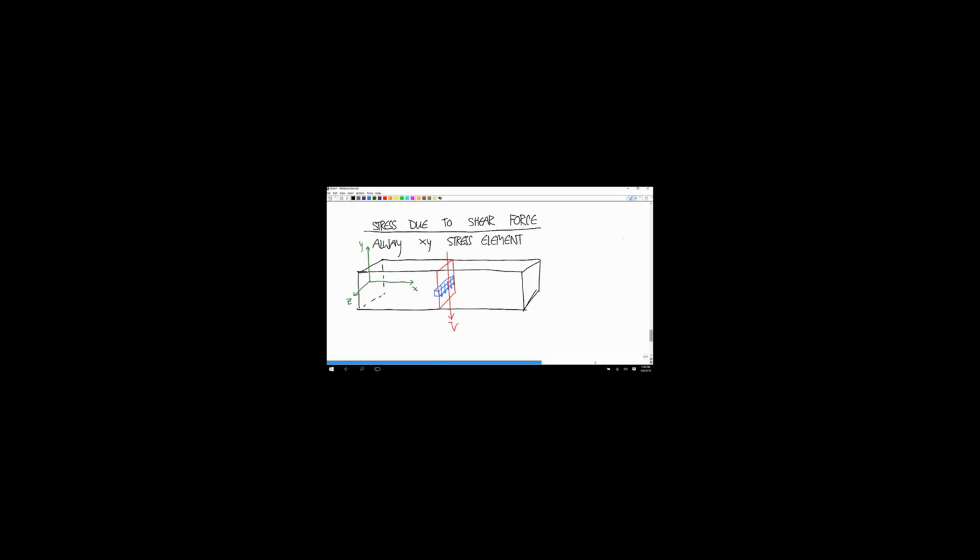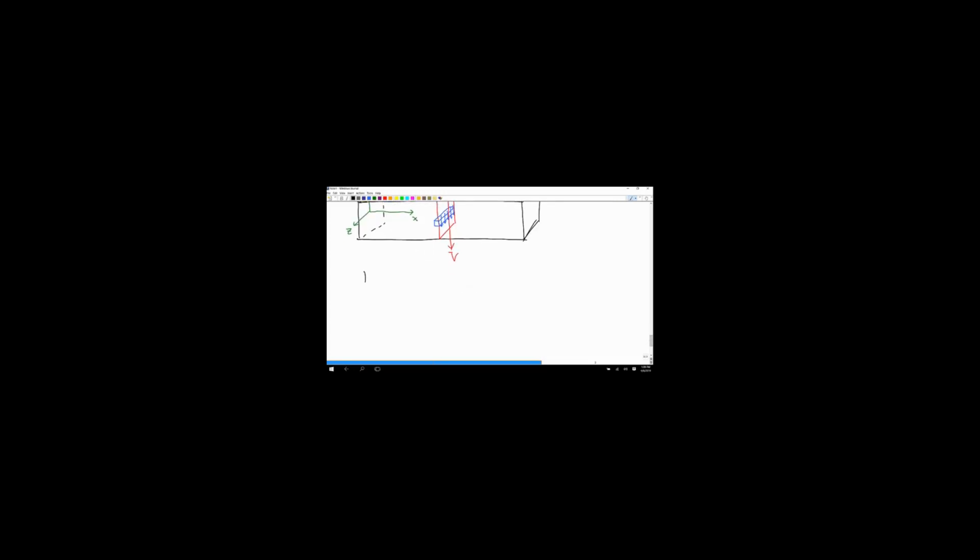Okay, beam requirements for this approach to calculating the stress due to the shear force.